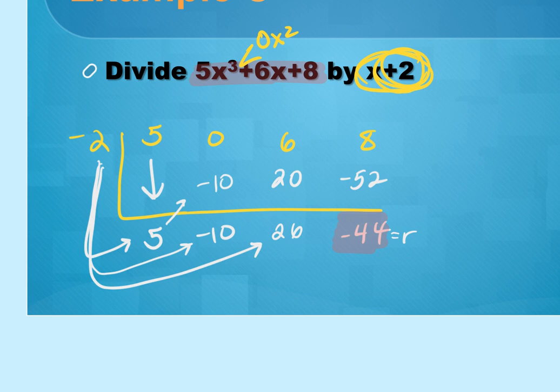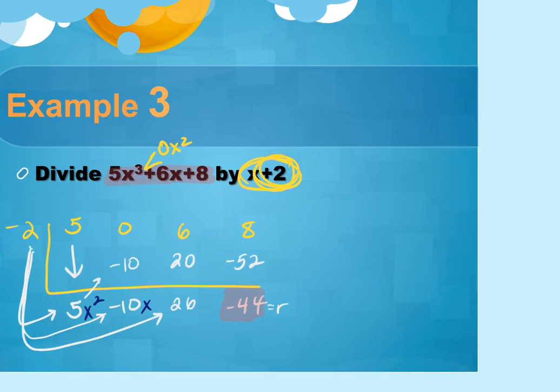Then as I move left from there, the 26 is the constant. The 10 gets the x to the first. The 5 gets the x to the second. And we write it the same way. 5x squared minus 10x plus 26.